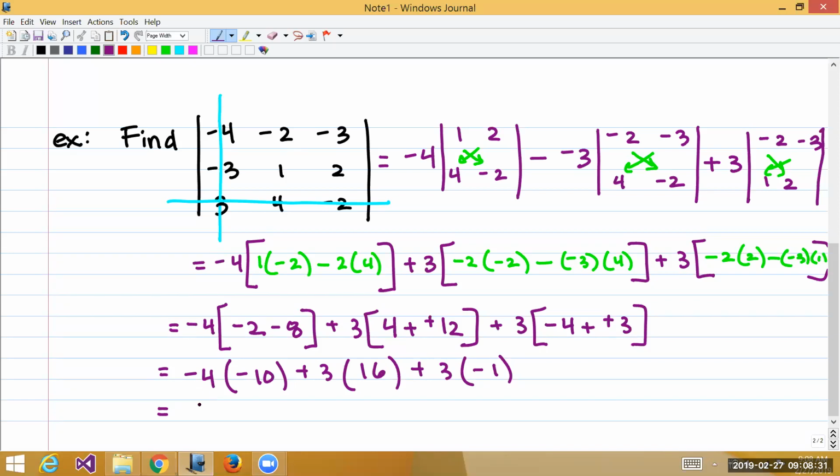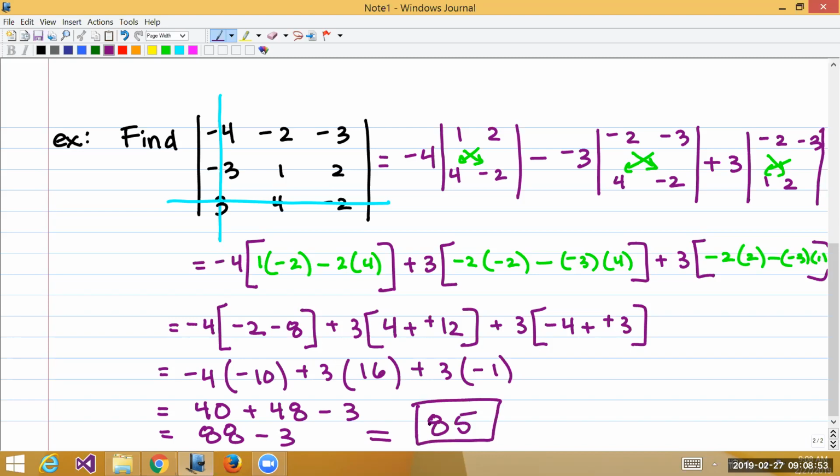So negative 4 times negative 10, 40, plus 3 times 16, 48, minus 3, which gives us 40 plus 48 is 88, minus 3, which gives us 85. This is the determinant of this 3 by 3 matrix.